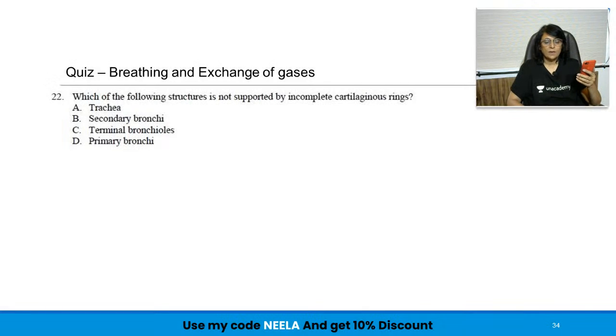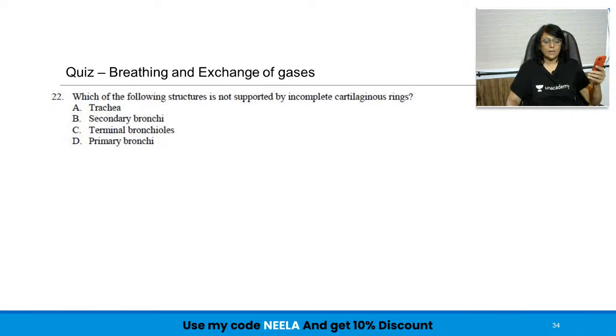Very good. 22nd question. Which of the following structures is not supported by those incomplete cartilaginous rings? Kalyan has given the answer of the 21st question as B. Shubhiksha, thank you, if I've said your name correctly.